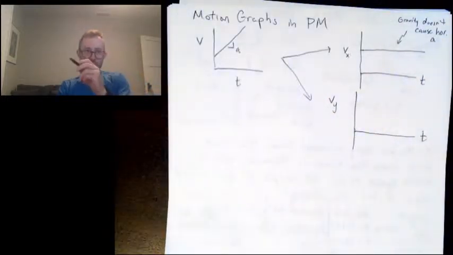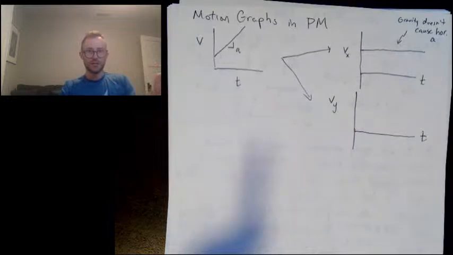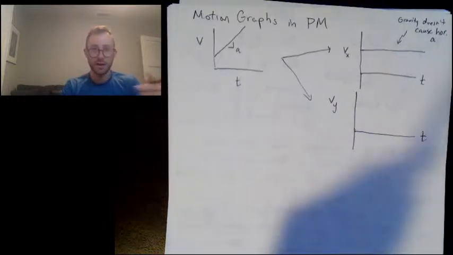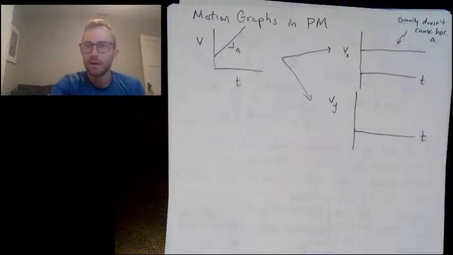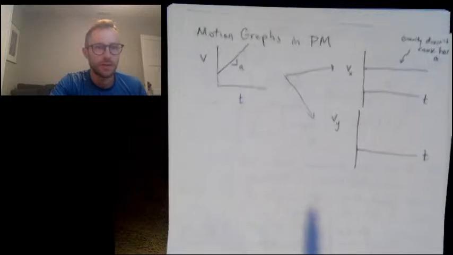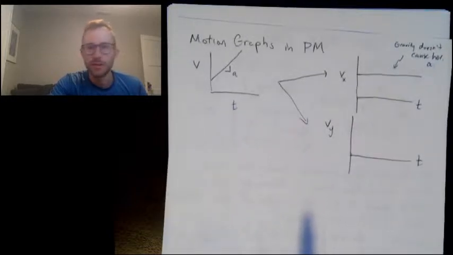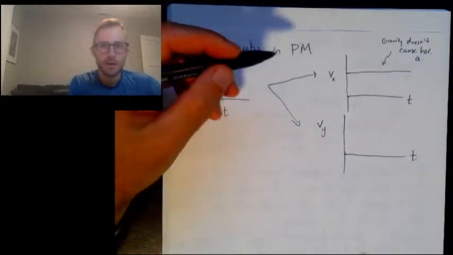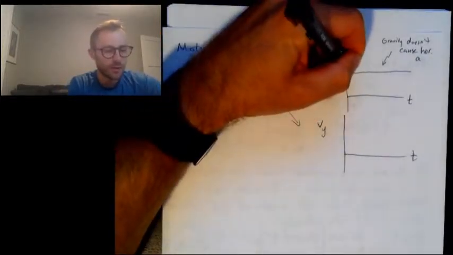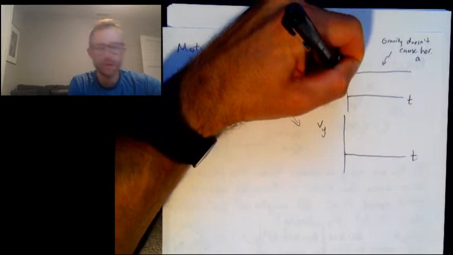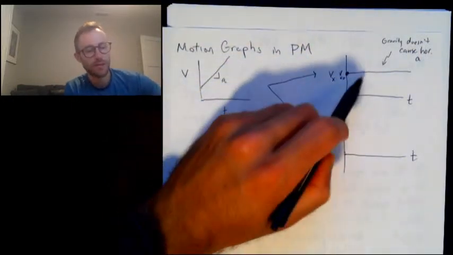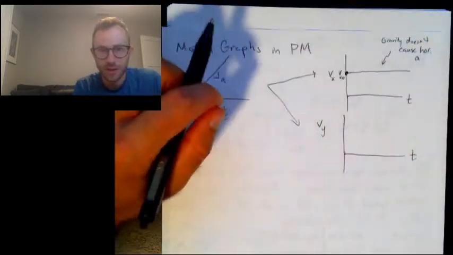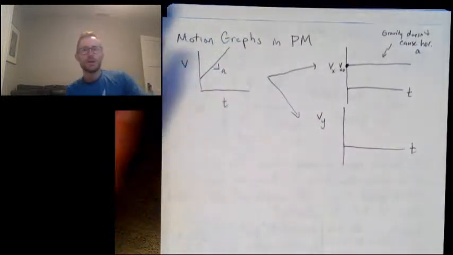So the horizontal velocity remains constant the entire time. So whatever value the initial horizontal velocity is, Vx naught, that's going to be the horizontal velocity the entire time, okay?